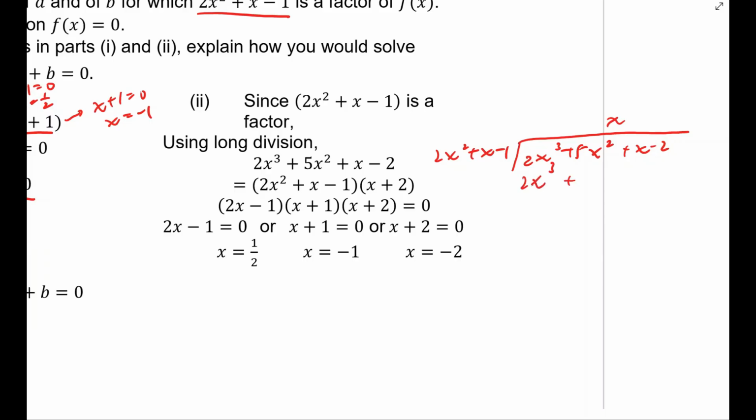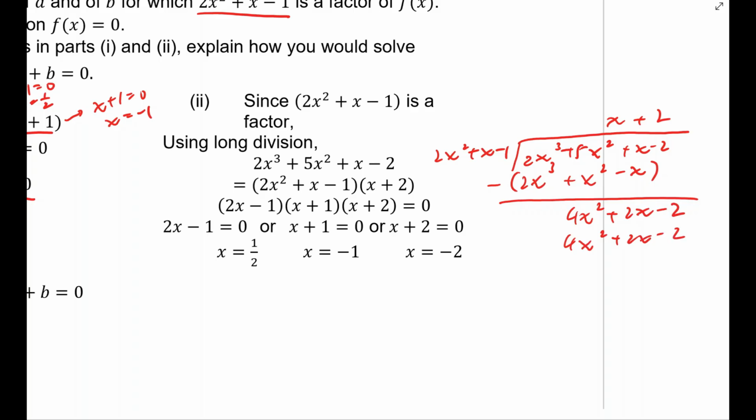Then you bring down everything, in brackets with your negative sign, 4x squared plus 2x minus 2. Then you eliminate 4x squared. Yep, and then you get a remainder of 0. So now it's fully factorized.